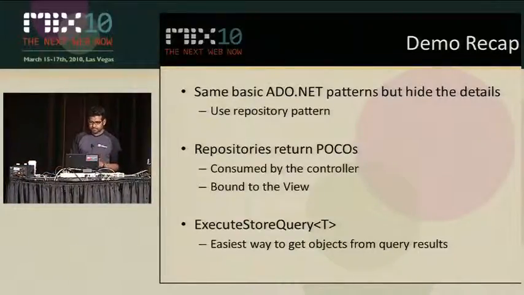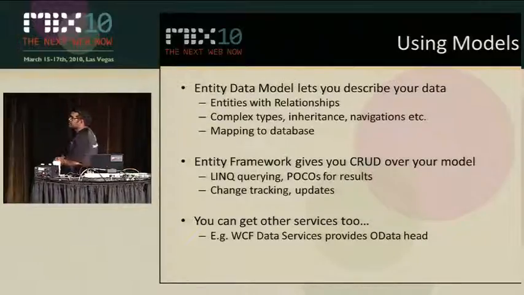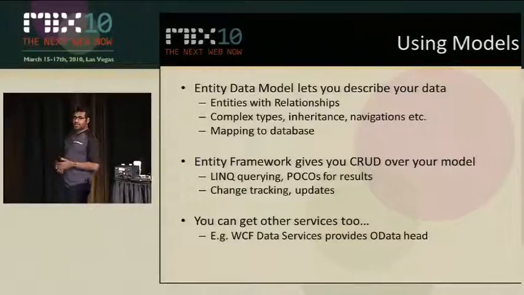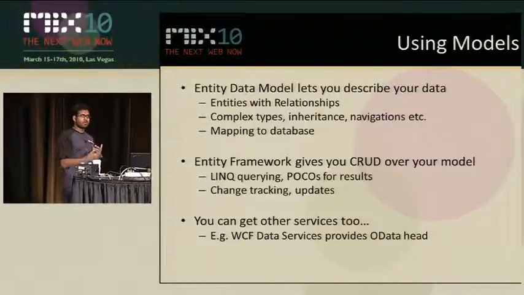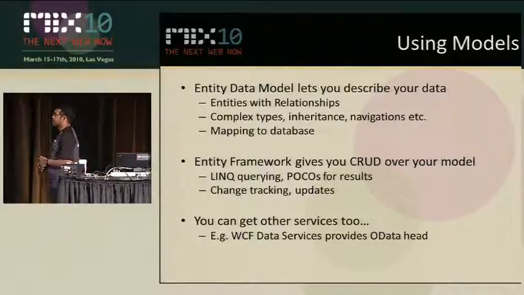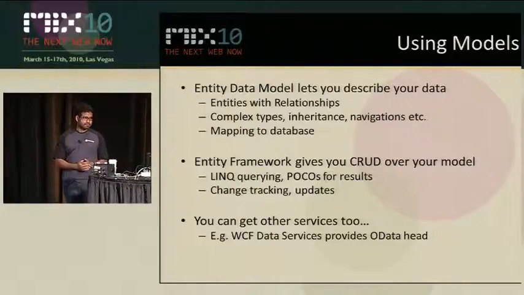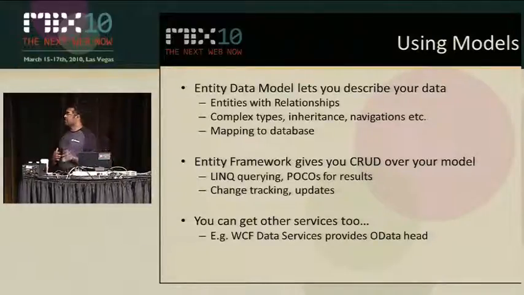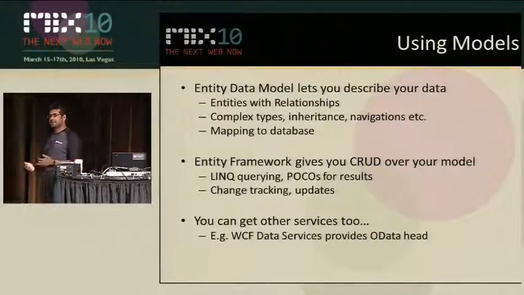Now, we started down the entity framework road there, but we really didn't use much of the entity framework. In this next section, I want to talk about what you get by going down the road of using the entity framework and specifically using data modeling. A key piece of .NET that we added starting in .NET 3.5 is this thing we call the entity data model.